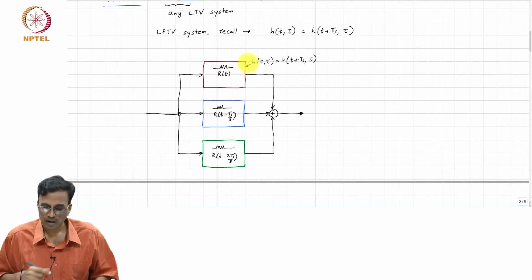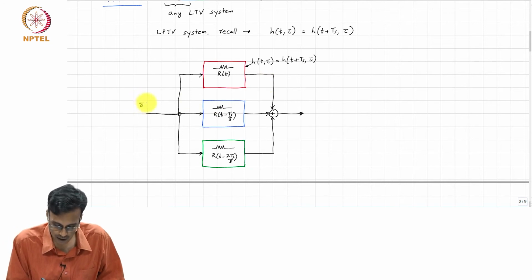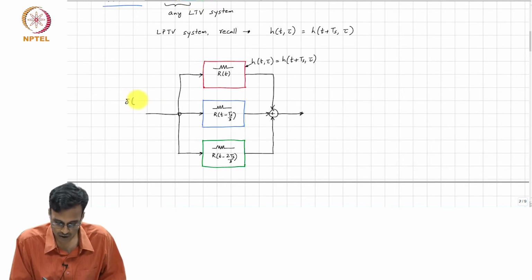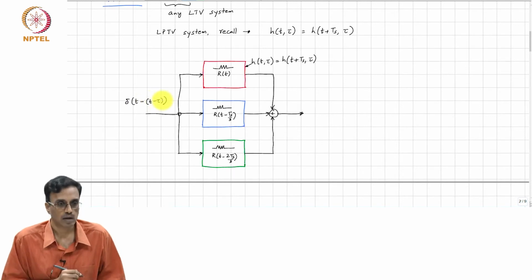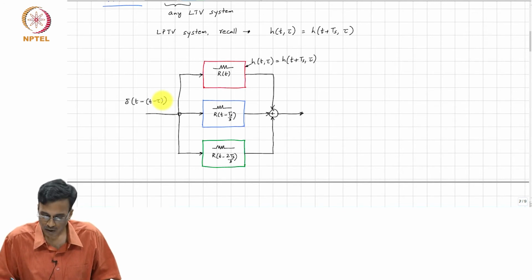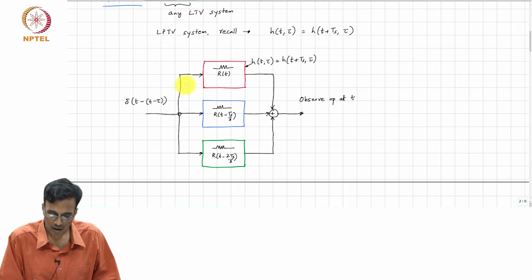Now, if I apply an impulse at t minus tau, that basically means the input is delta of t minus tau, and I observe the output at t, then what will I get here?